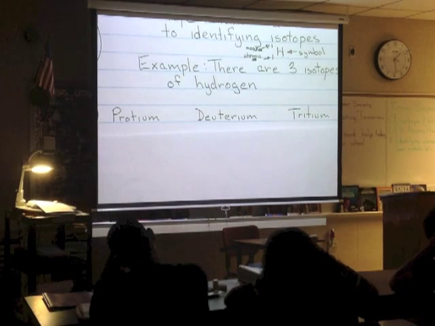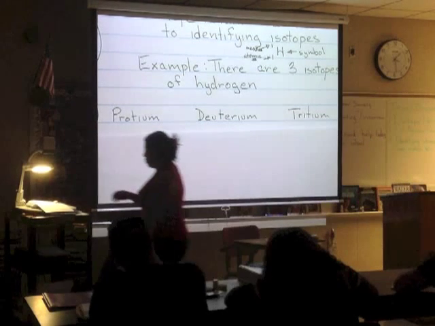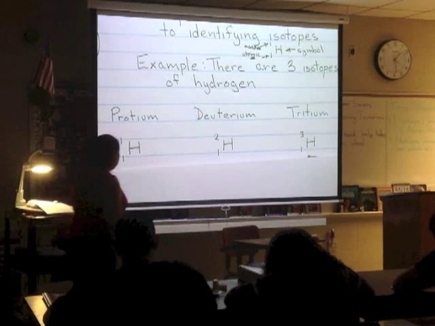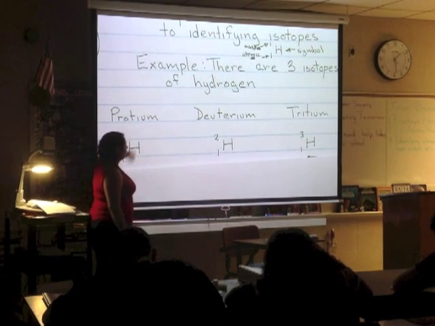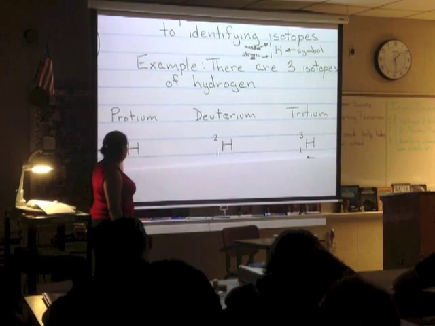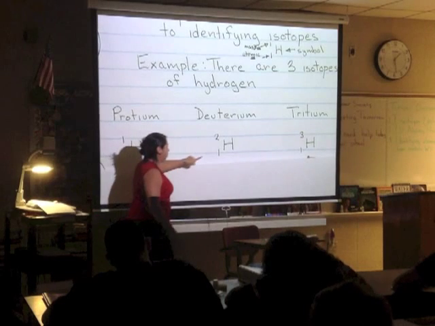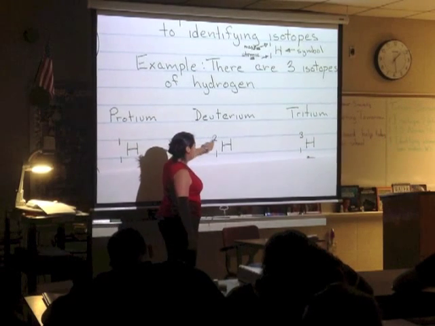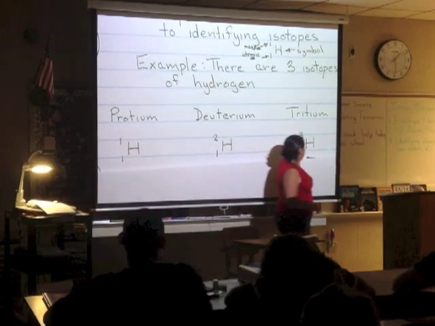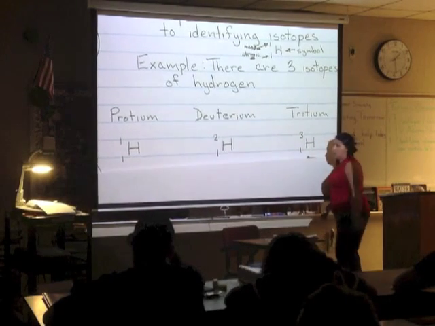So let's look at the isotope notation of those 3. Now this you do have to write down just because of the examples. So protium's isotope notation is mass number 1, hydrogen, atomic number 1. For deuterium, mass number 2, hydrogen, atomic number 1. For tritium, mass number 3, hydrogen, atomic number 1.